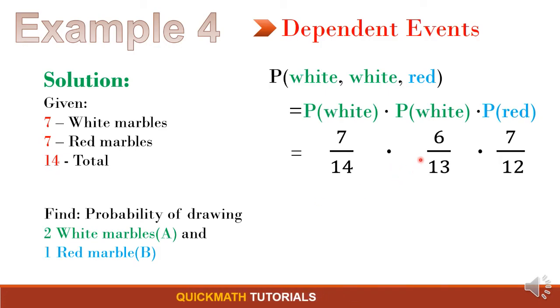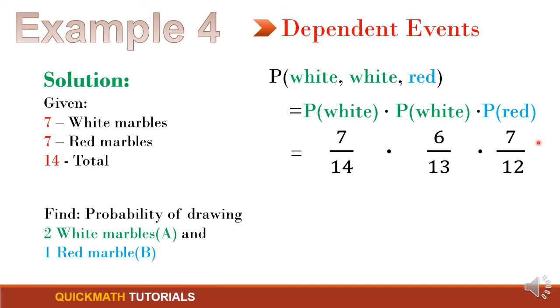Times 6 over 13. Suppose we already got one white marble. Therefore, instead of having 7 white marbles, we are left with 6 white marbles. And also, the total number of marbles was reduced to 13.